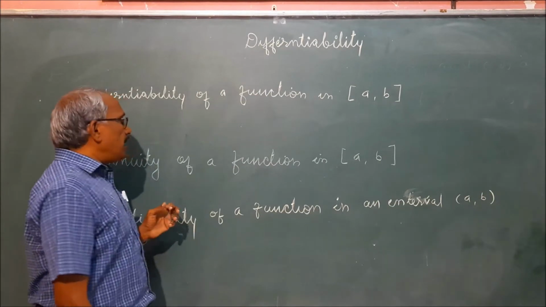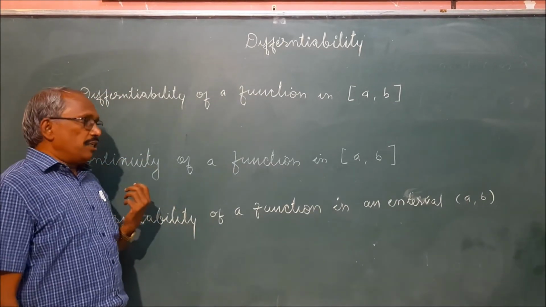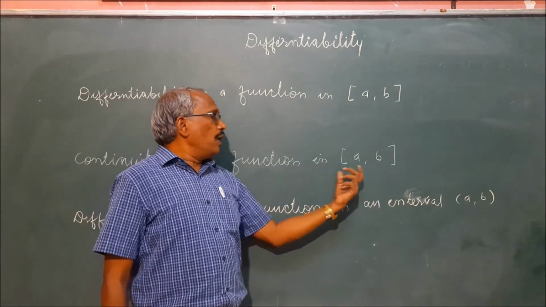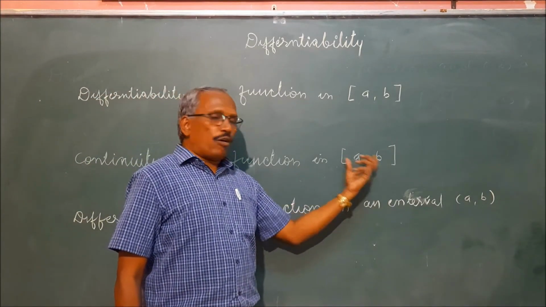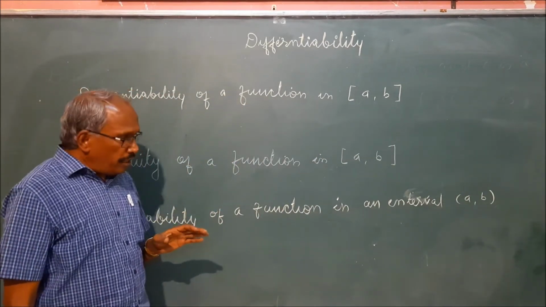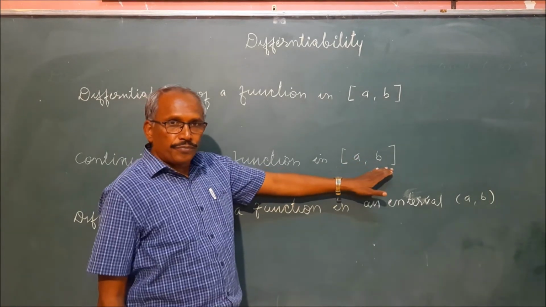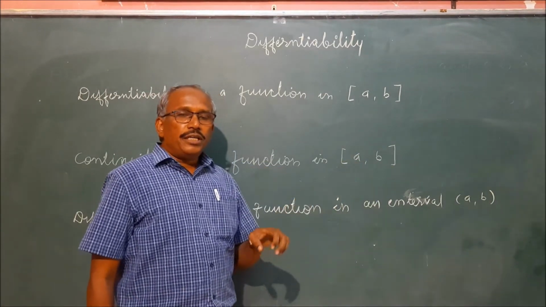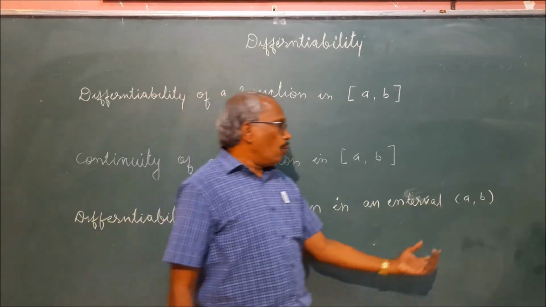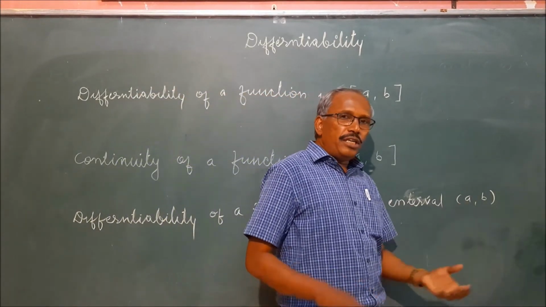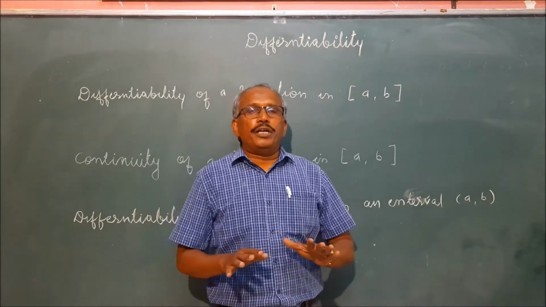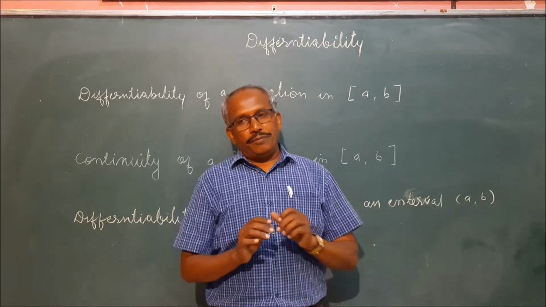Then we can say that the given function is continuous in the closed interval a comma b. Again, if the interval is open, the given function is said to be differentiable in the open interval a comma b if it is differentiable at every point of the open interval a comma b.